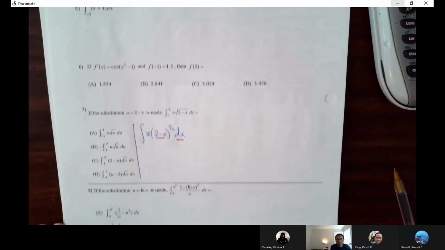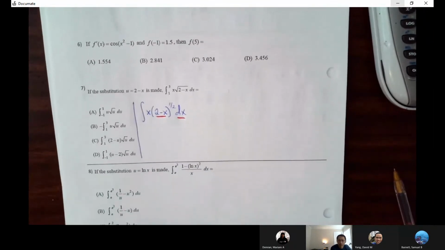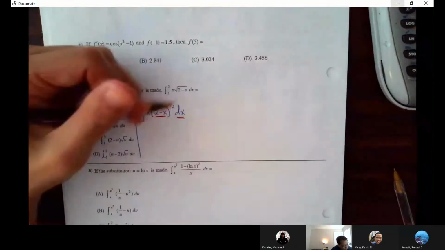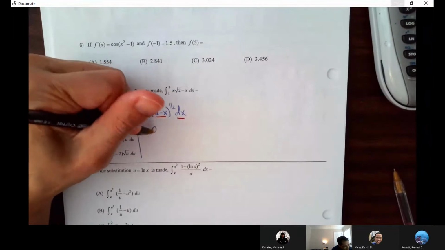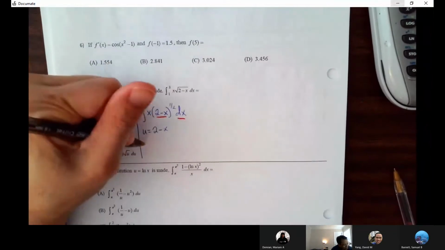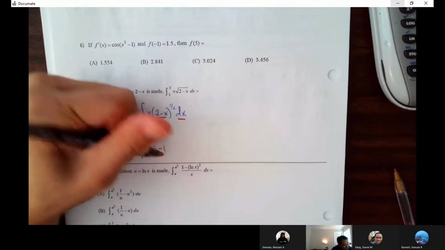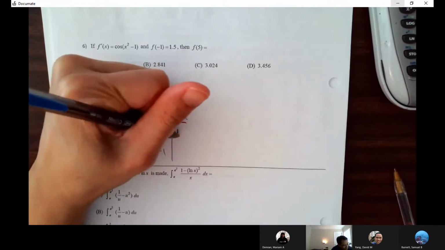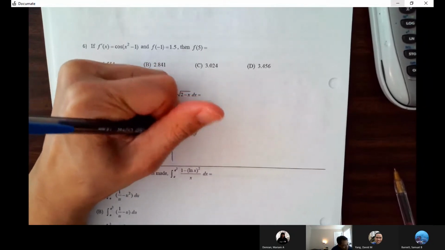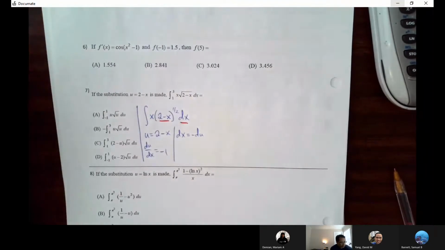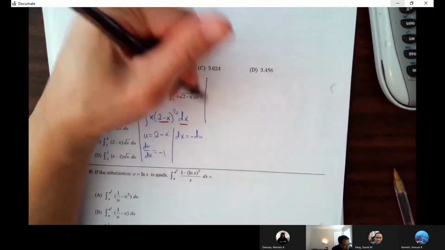So this is kind of a straightforward problem, but we have to leave everything in terms of u here. So our u value is 2 minus x. Our derivative, du/dx, is just -1. We solve for dx: dx equals negative du. We make our substitution.